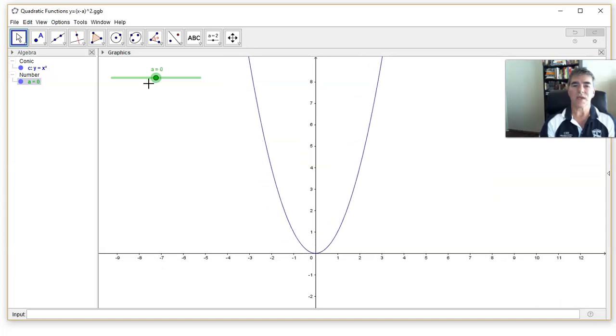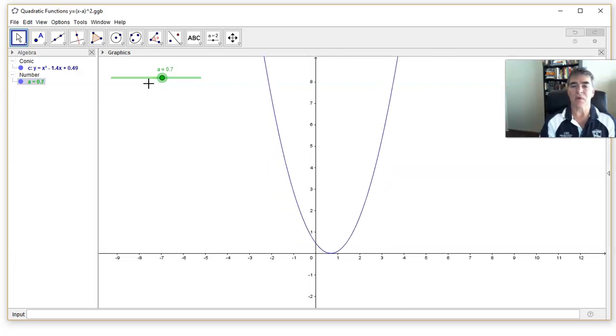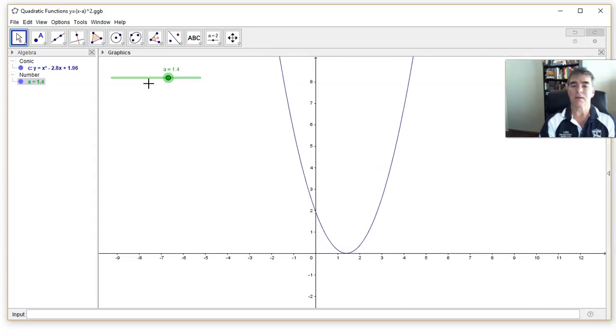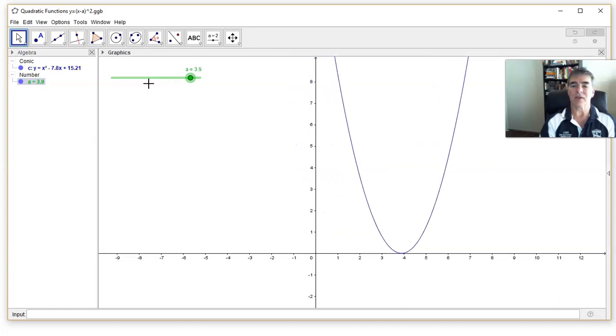So this is y equals x squared, and then if I do x minus 1 all squared, the parabola is shifted across to the 1. And again, up in that top left-hand corner is just the expanded version of the bracket.